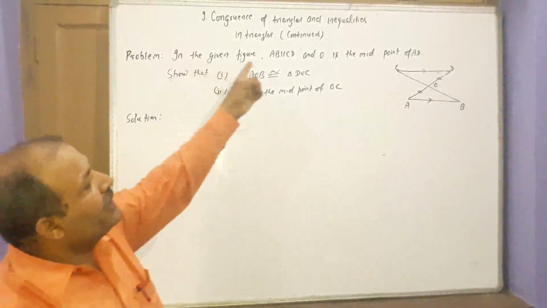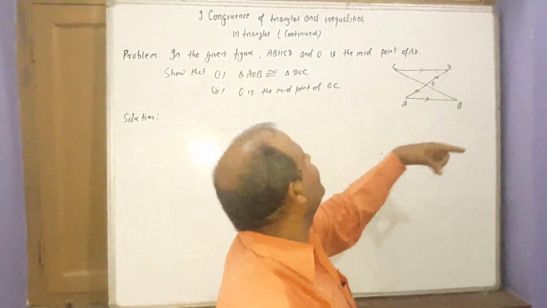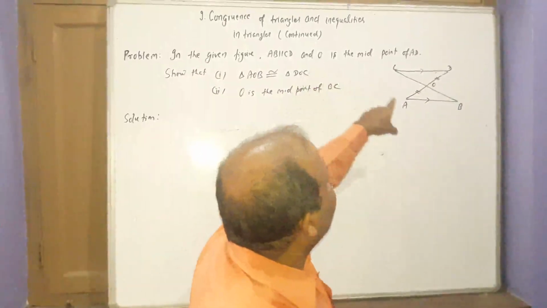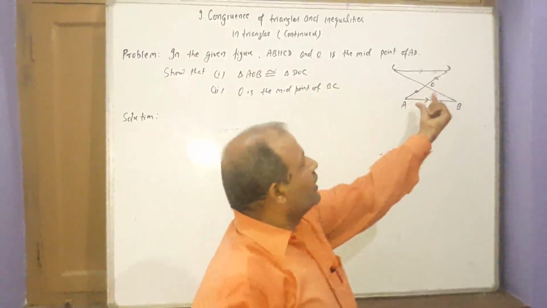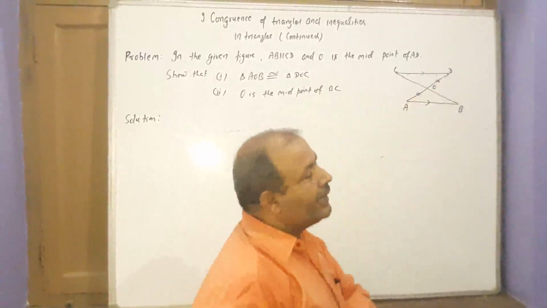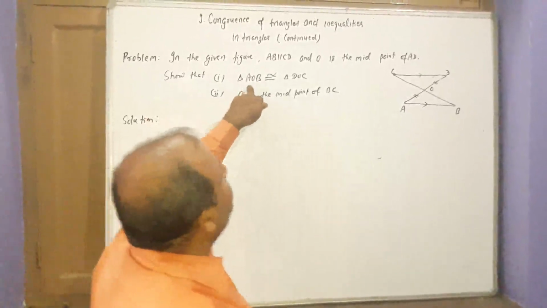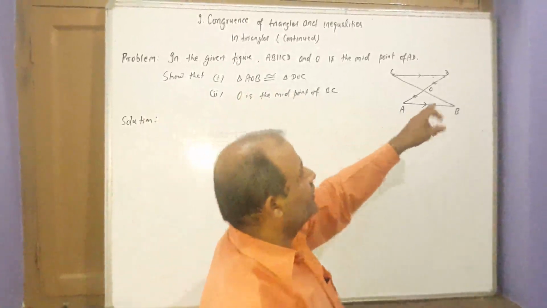In the given figure, AB is parallel to CD, and O is the midpoint of AD. Here O is the midpoint of AD, means OA is equal to OD. Then we have to show that triangle AOB is congruent to triangle DOC.